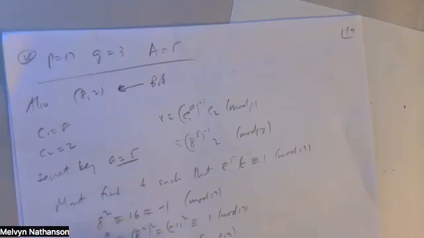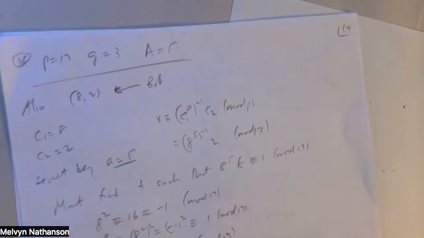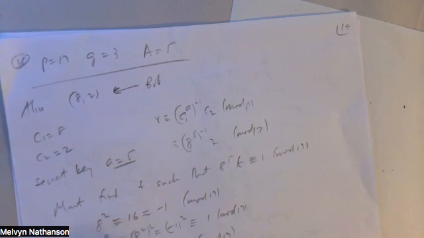So an inverse mod 17 of our number is minus 2, which is the same as 15 mod 17.